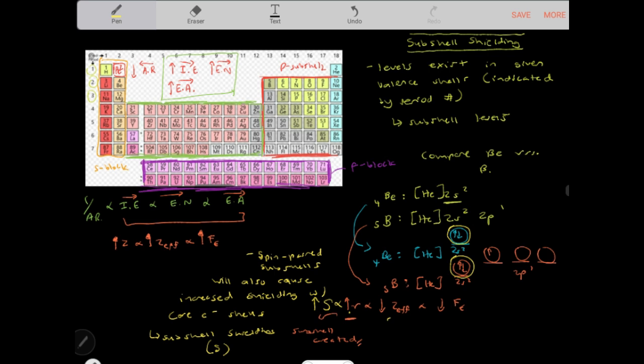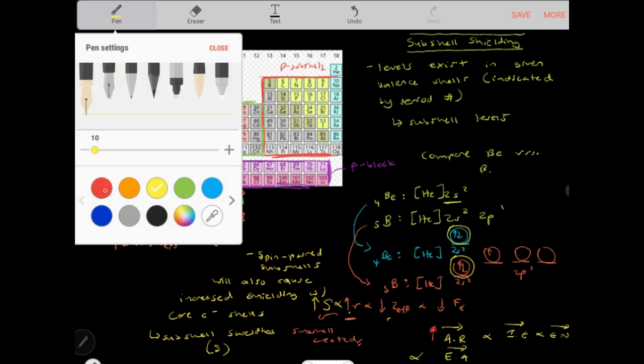Okay, so this is actually going to bring an important concept down that we need to actually look at subshells as well. Because of this notion, atomic radius in that case actually increases sometimes to the right of the period. And as atomic radius increases, what's going to happen here is the ionization energy actually decreases, and the electronegativity decreases, and the electron affinity decreases.